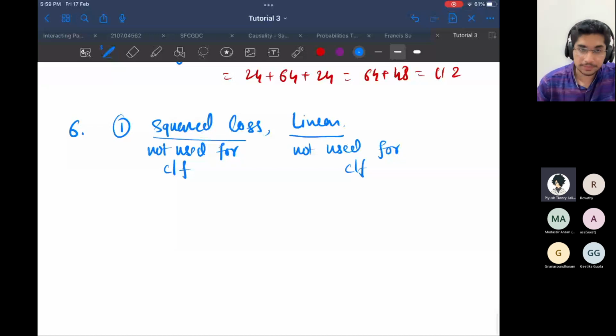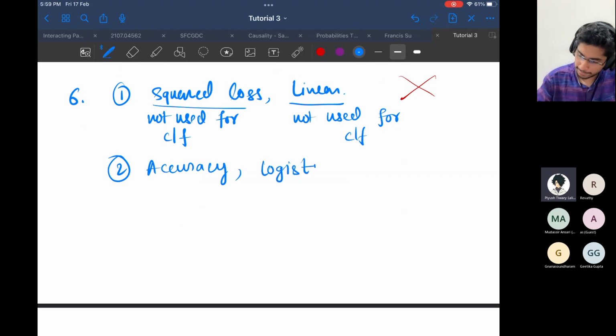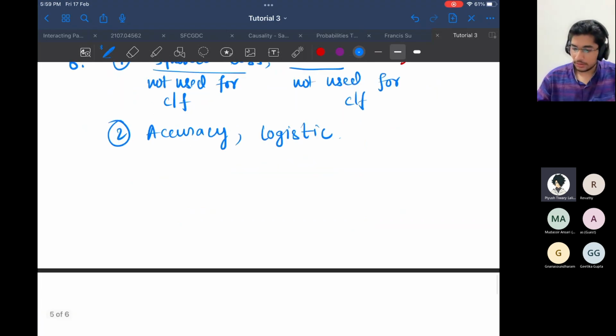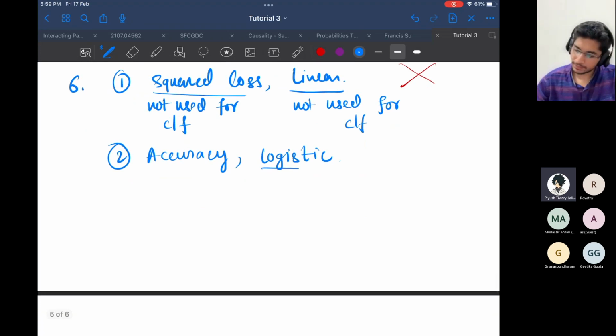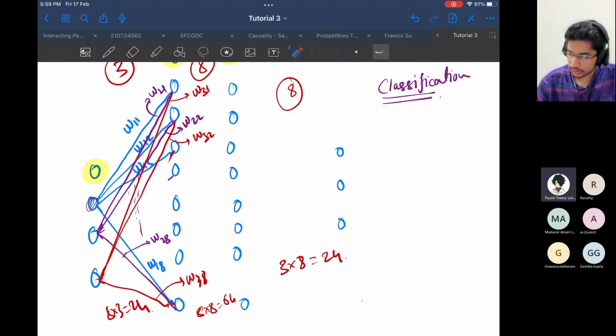All right, so let me go down. What is the second option? I hope this first one is wrong, right? This is not correct. Let us see the second option: accuracy and logistic. Why is this not correct? You can just see, right? How many outputs were there? There were three outputs.